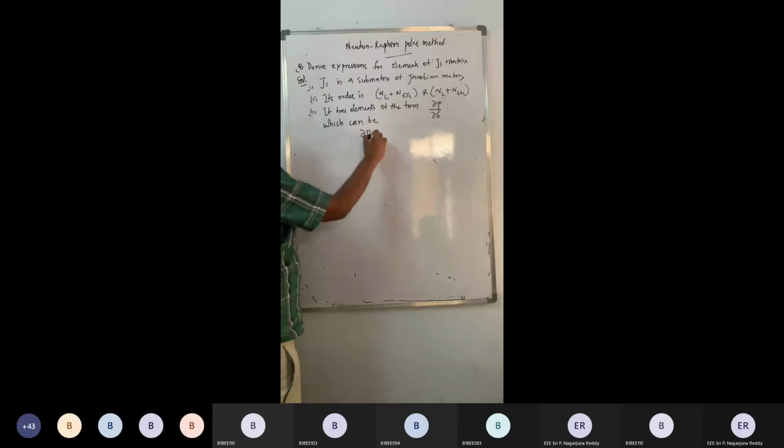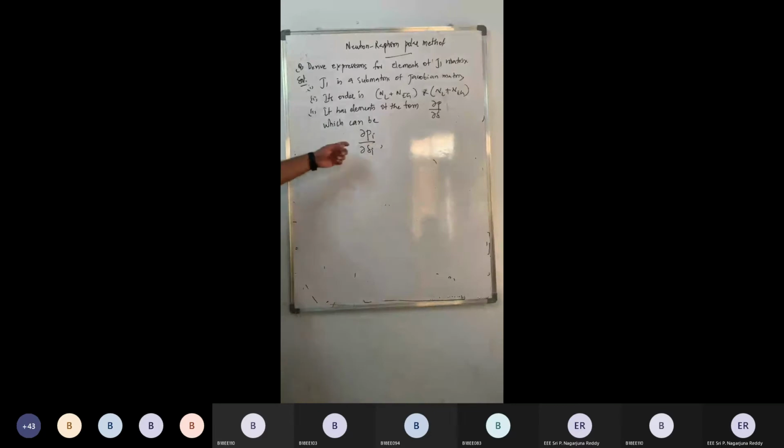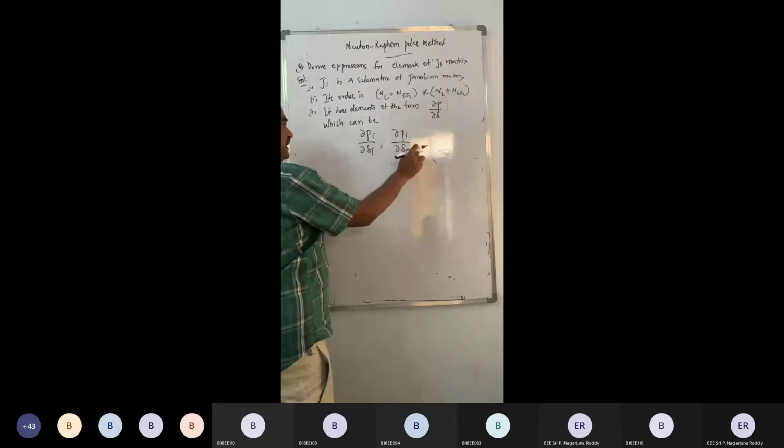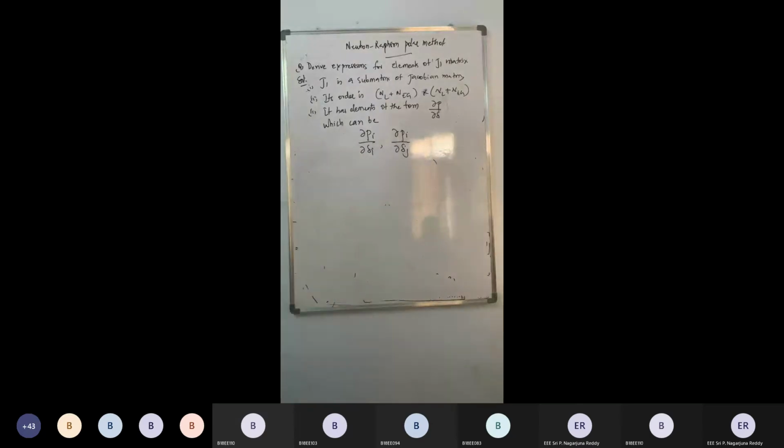It has elements of the form dou Pi by dou delta i of the same i, with respect to i of the same bus, or i with respect to j, which means power and angle are of different buses.